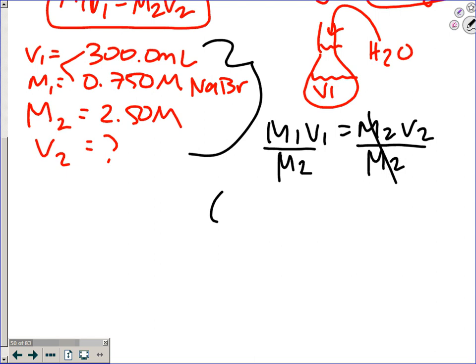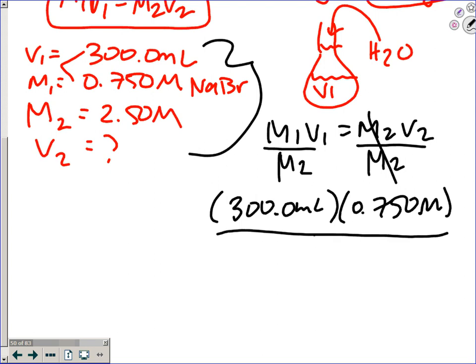So 300 ml times 0.5 molarity over that 0.5. And what units cancel? The molarities cancel, so we're solving for milliliters. In this case, it's fine to put V as liters or as milliliters because they're going to cancel each other out, and you're going to express it in the unit that's described.